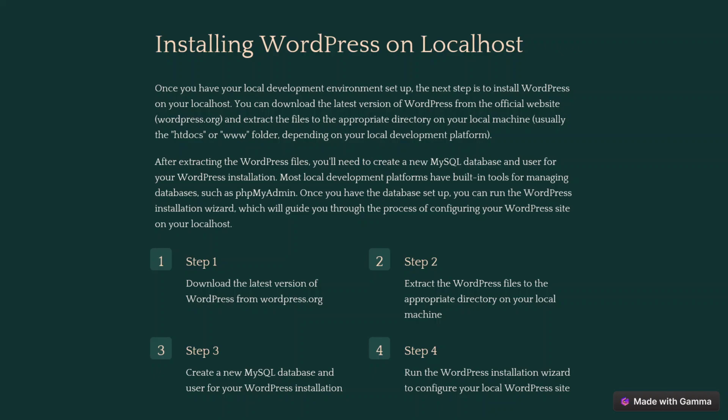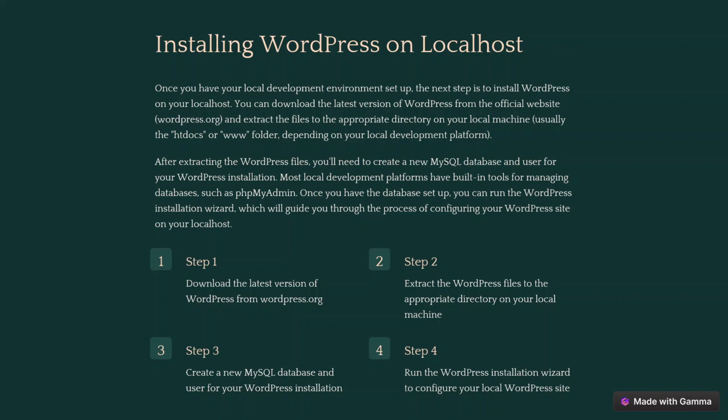Once we have our local development environment set up, the next step to install WordPress on our localhost is to download the latest version of WordPress from the official website, wordpress.org, and extract the files to the appropriate directory on your local machine. Usually it is htdocs for XAMPP, or www for WAMP.